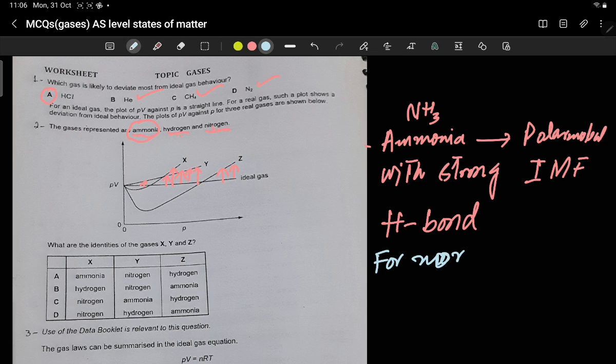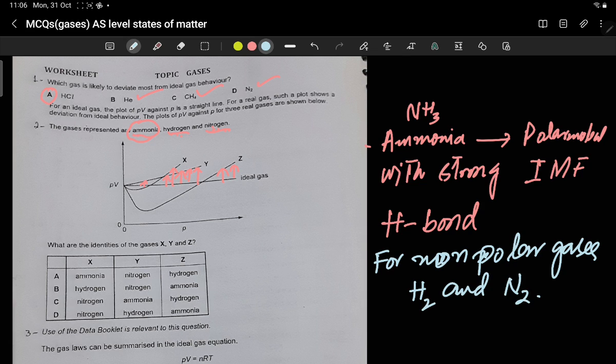When we want to compare non-polar gases like hydrogen and nitrogen, just look at the number of electrons, or the Mr. The Mr of hydrogen is 2 and of nitrogen is 28.